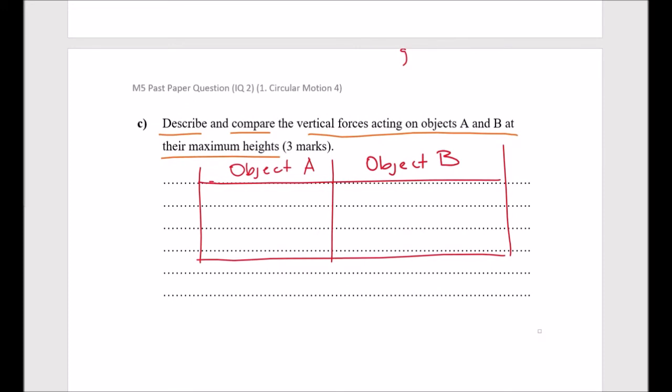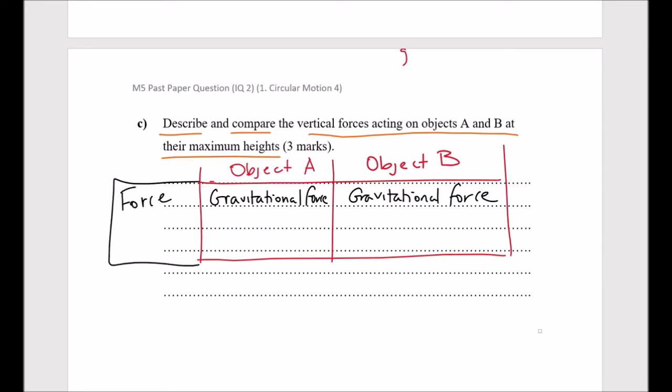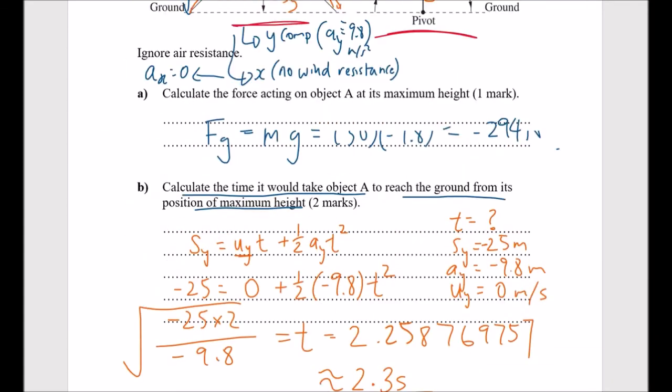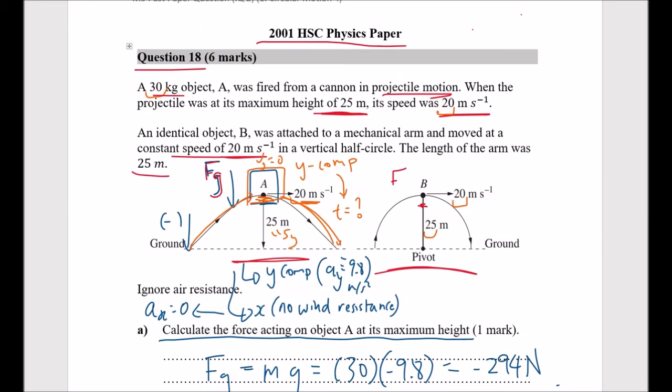So this has gravitational force, and this also has gravitational force. And maybe I'll do another little column: forces acting on object at peak height. We know that for a projectile, that's the only thing that's acting on it, right?